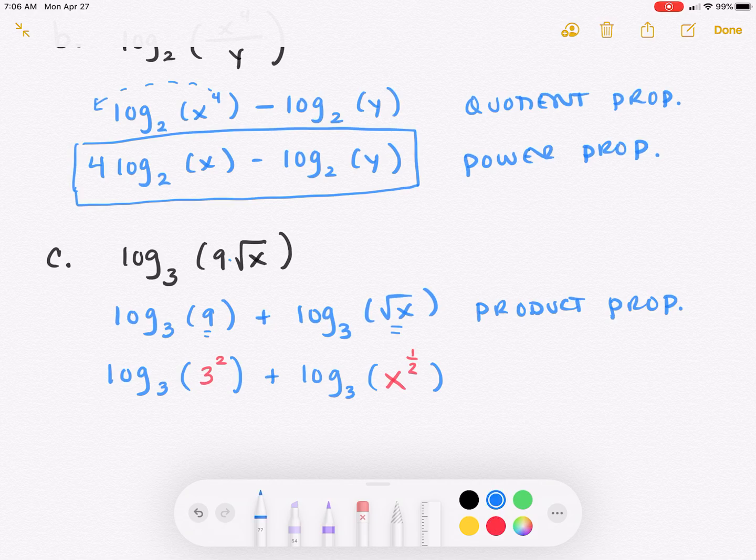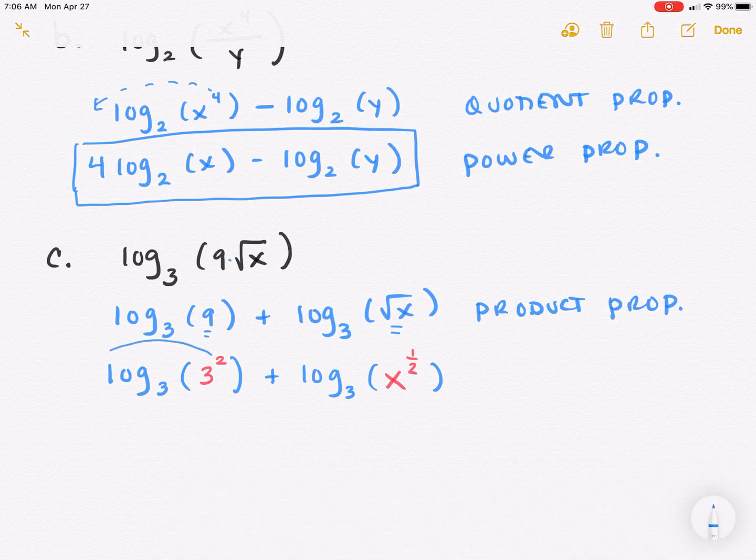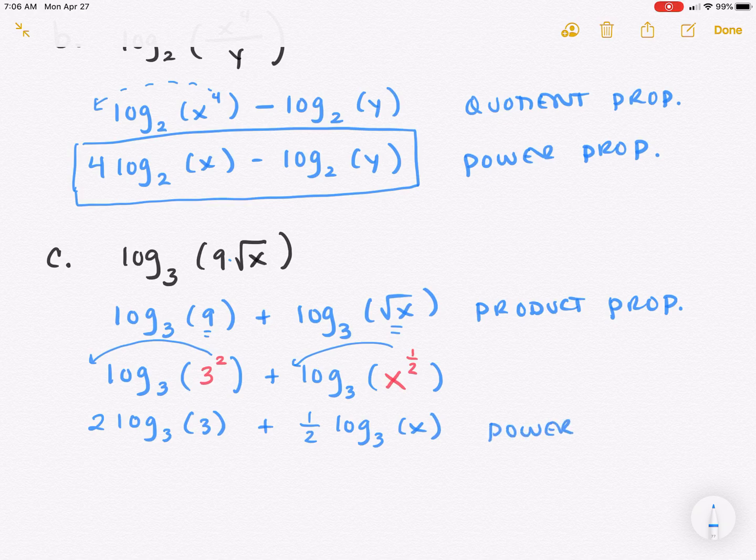And so we could write the numbers as an exponent. I'm not really using a property there, so I'm just going to keep going. So what I can use is the power property now, and I can make this 2 log base 3 of 3. And if you bring it down, this is 1/2 log base 3 of x. So I'm using the power property.